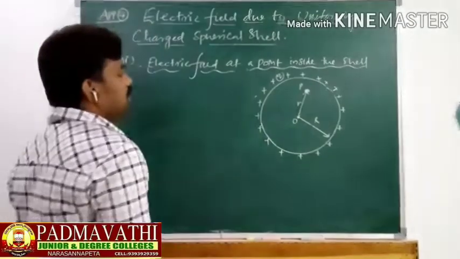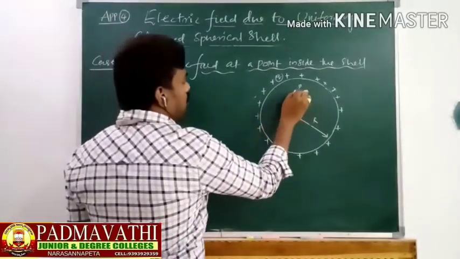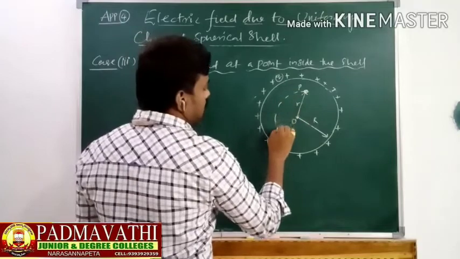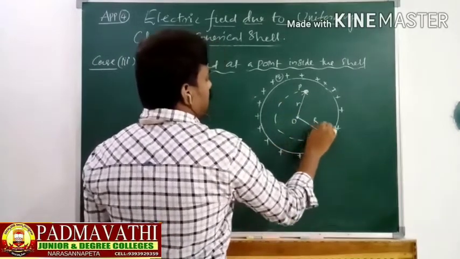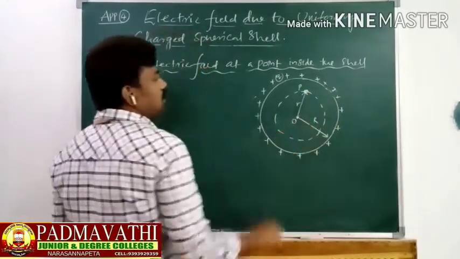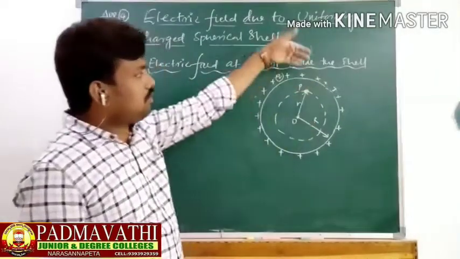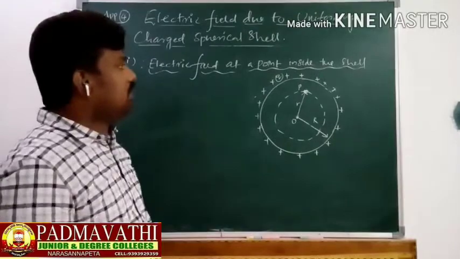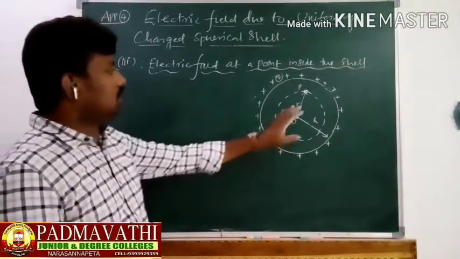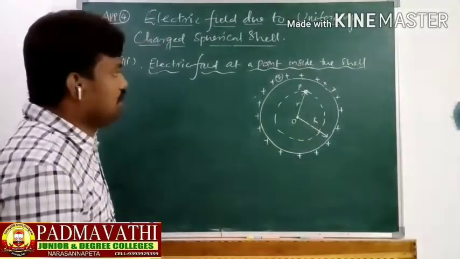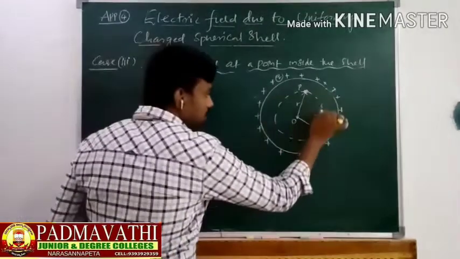For that purpose, again I am going to draw a Gaussian surface like this, which will be spherical in shape. With the help of this Gaussian surface only, I want to determine the electric field at point P. Look at this carefully. In this Gaussian surface, is there any charge?